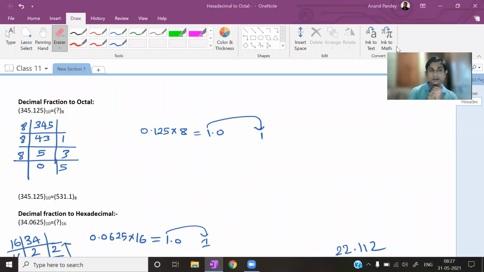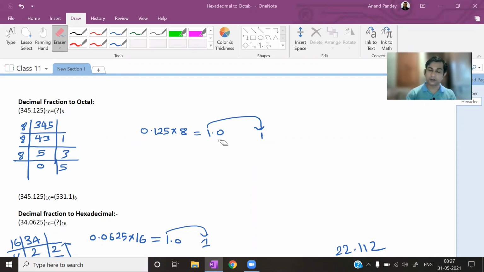In the same manner, decimal fraction to octal. You can see I have solved one question on the screen. Instead of 2, here we are using 8. For the octal we use 8, and the process is the same. For the integral part, same process, and for the fractional part you will multiply with 8, and the integral part goes here and the fractional part is for further calculation.